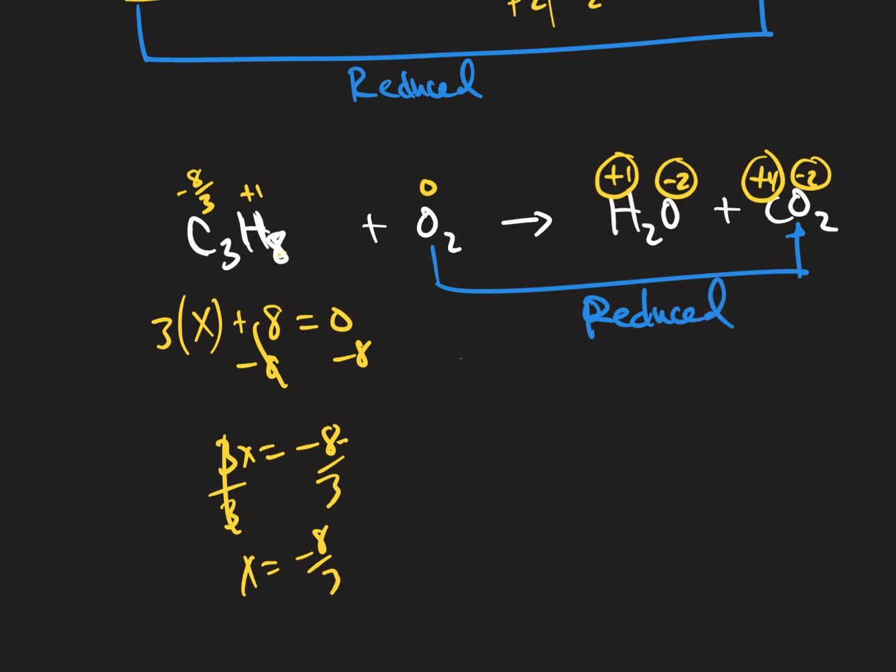Which one is the other one? The carbon. Carbon goes from a negative number, who cares what it is, to a positive number. It goes up. That's oxidized. Are we good?